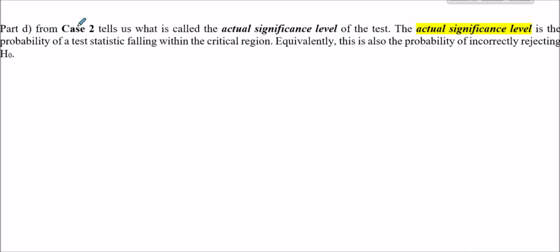So from part D, case 2, I just showed you, that tells us the actual significance level of the test. And what this means, I've highlighted it in yellow because it's something we need to know about. The actual significance level is the probability of a test statistic falling within the critical region. It's also the probability of incorrectly rejecting H0.